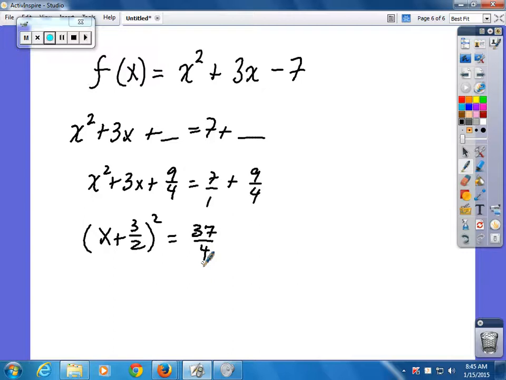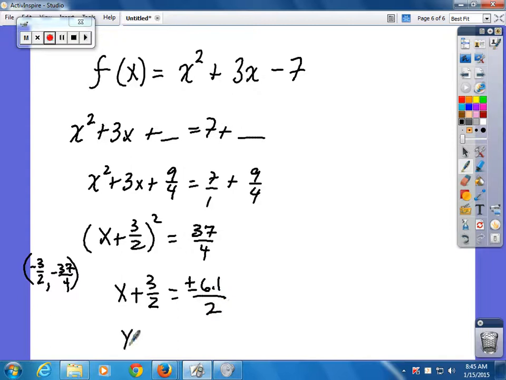And that gives us a vertex of negative 3 halves and negative 37 fourths. And then x plus 3 halves is equal to positive or negative 6.1 over 2.